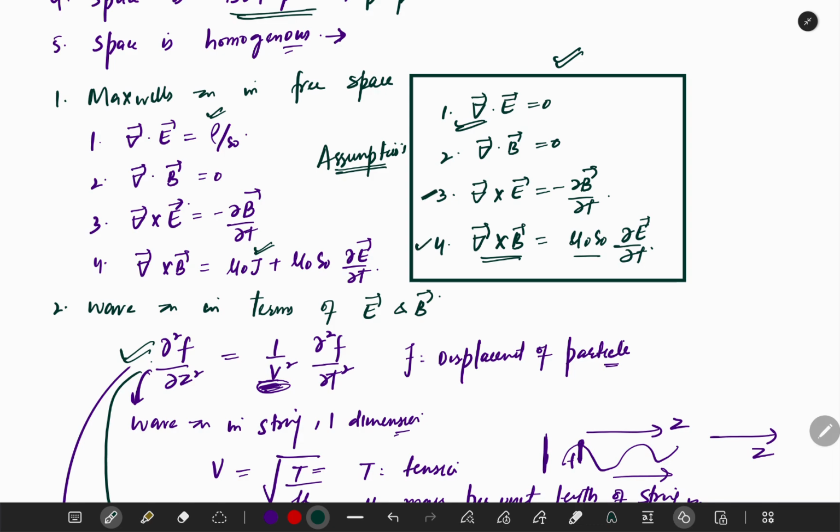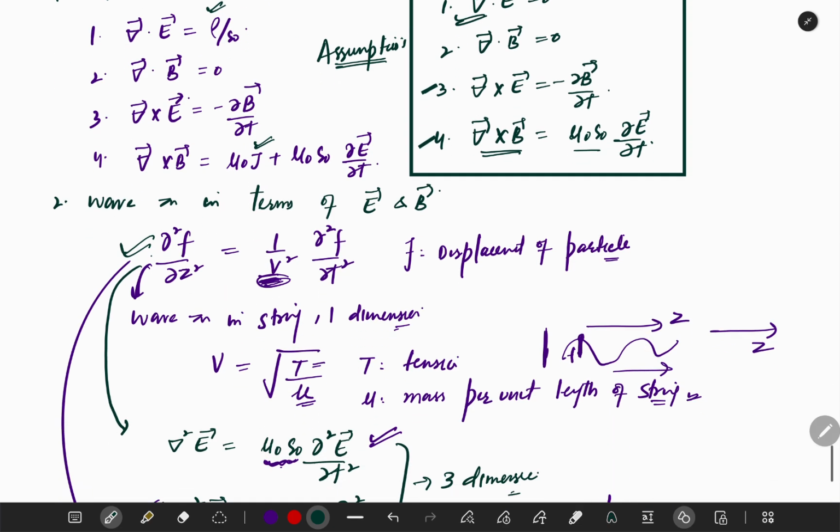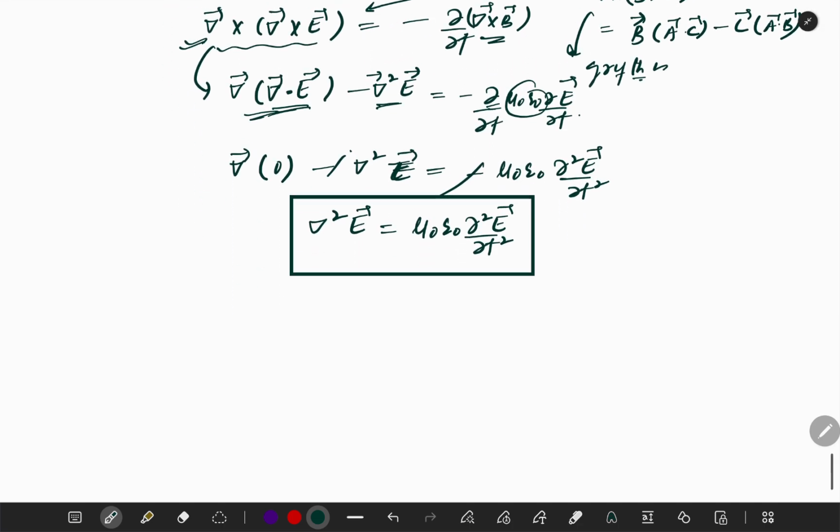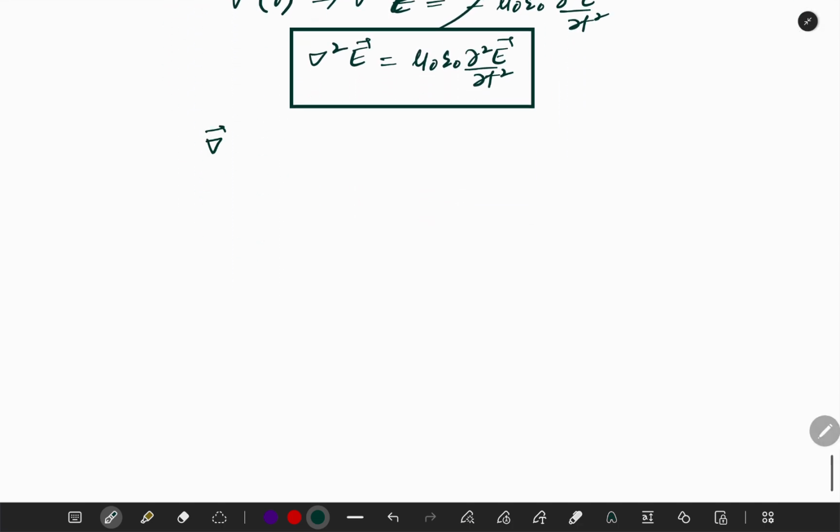Now we'll take the curl of the fourth equation, del cross of B equals mu 0 epsilon 0 dou E by dou t. This is the fourth Maxwell equation in free space. Now we take curl on both sides.